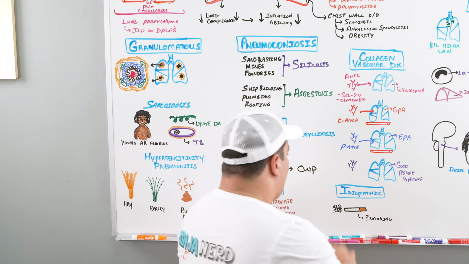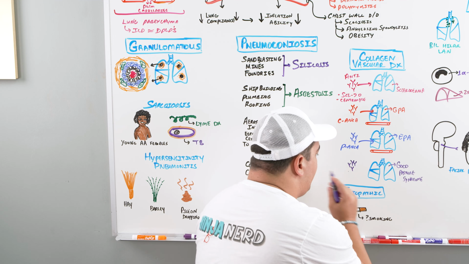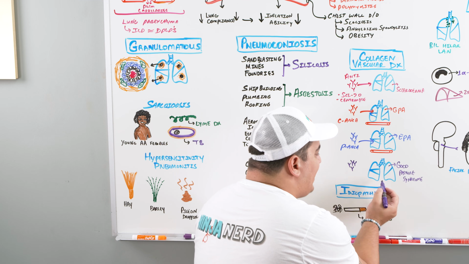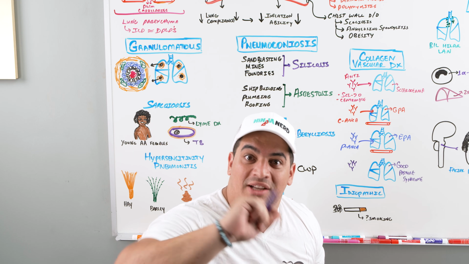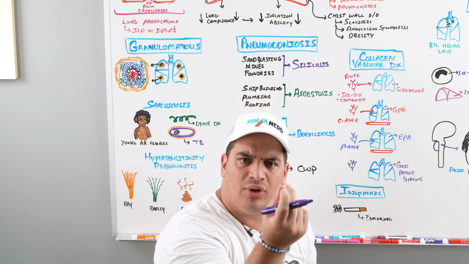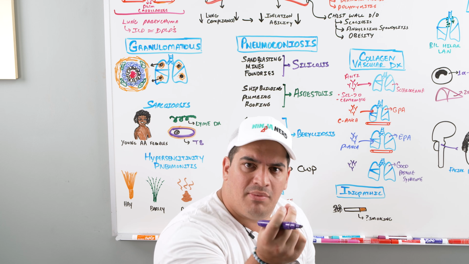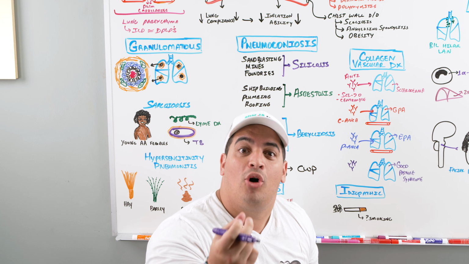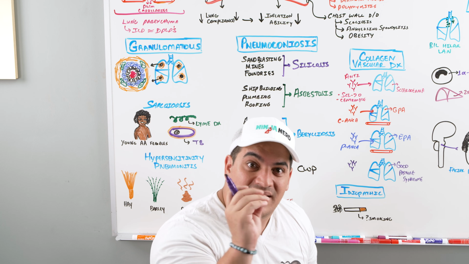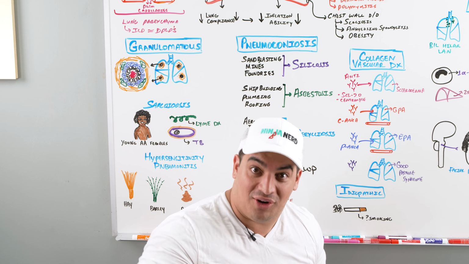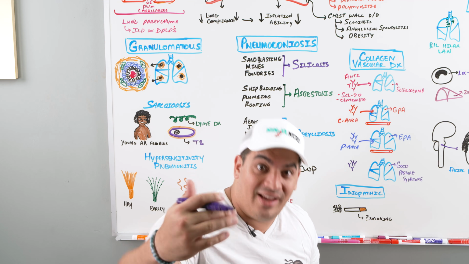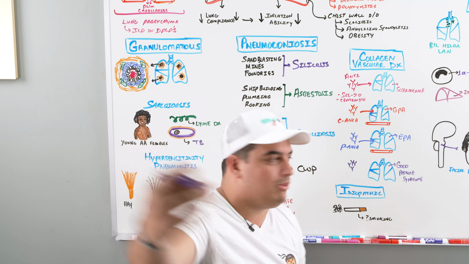And lastly, what if they have exposure to a very specific type of antibody, which are going to be attacking the basement membranes around the actual respiratory membrane. So you know the respiratory membrane is the alveolar capillary. You get a thin little basement membrane. Then after that, you have the pulmonary capillaries. These antibodies love to attack the actual basement membrane tissue and cause destruction of that, inflammation, lung injury, repeatedly, and then fibrosis.